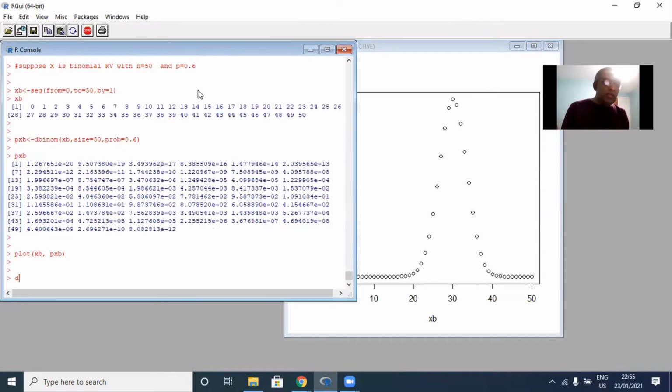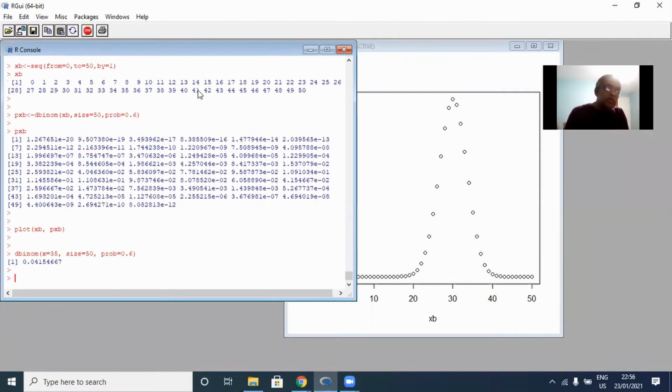Now this command here, dbinom with x equal to 35, size equal to 50 and probability equal to 0.6, computes the density or the PMF of the binomial at 35.